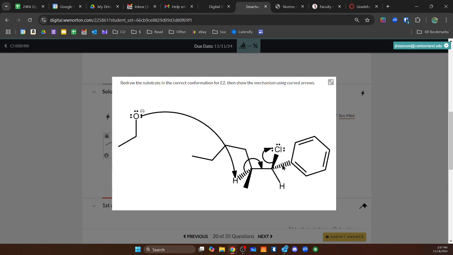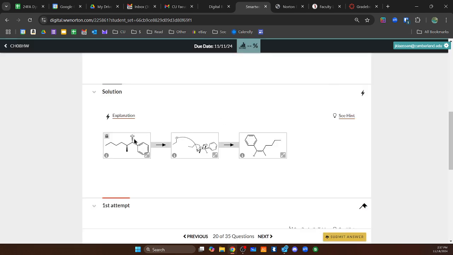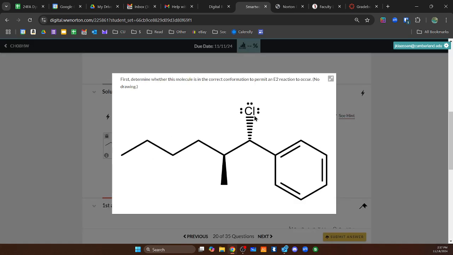And so what we're seeing here is we're going to go ahead and rotate this. And notice that we're going to rotate it in such a way that this chlorine, instead of coming out away from us, is actually going to come towards us. Now that means the stereocenter needs to rotate the whole thing. And what that means is we're going to push this an increment towards us, and so everything else gets pushed an increment different.